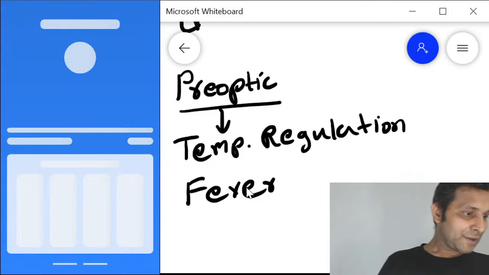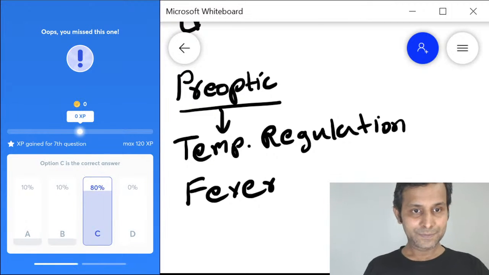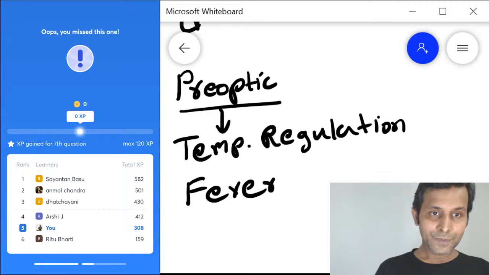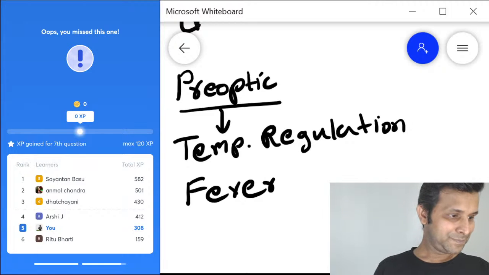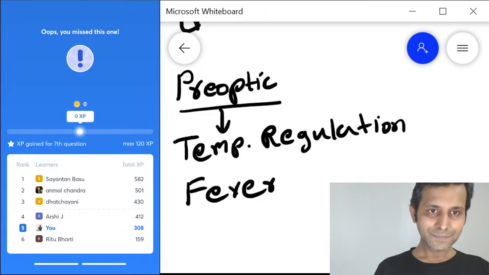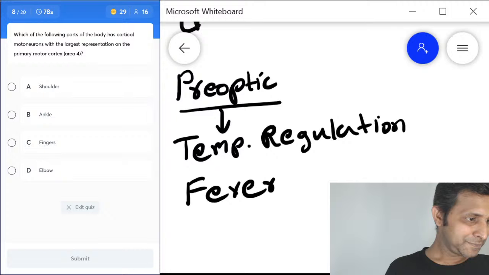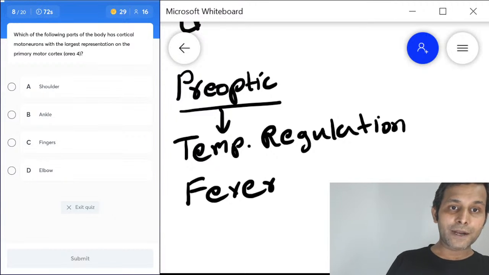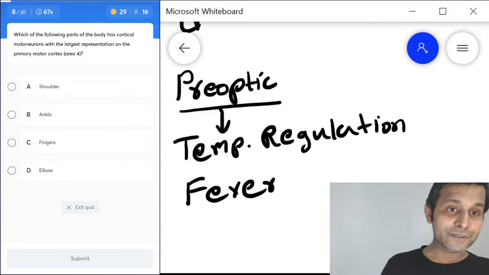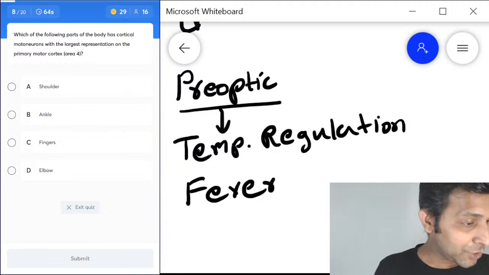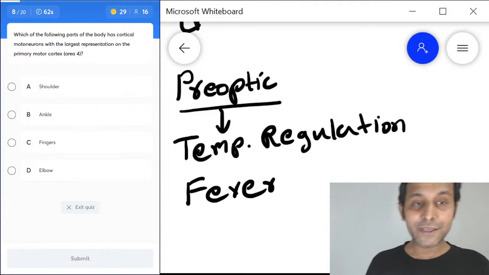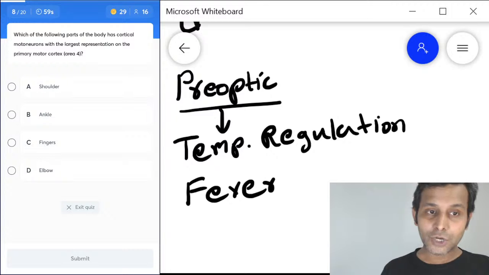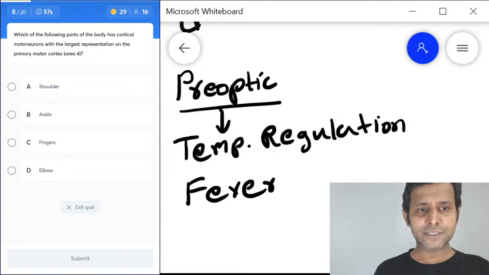Yes. Coming to the next. Which of the following parts of the body has cortical motor neurons with the largest representation on primary motor cortex area 4? It's a motor homunculus: shoulder, ankle, fingers, elbow.